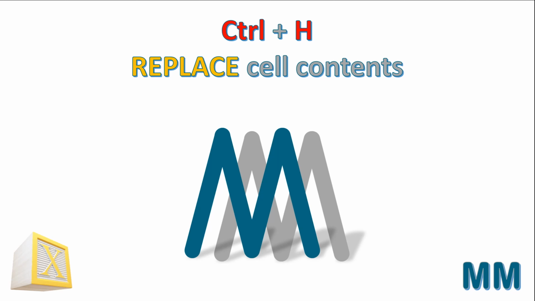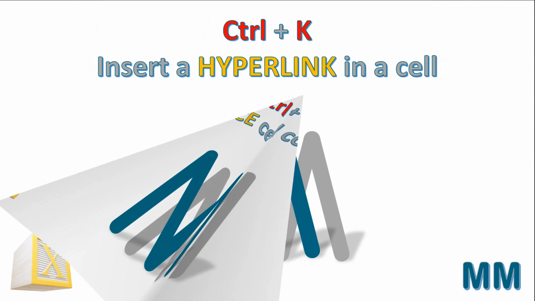The pop-up window is called Find and Replace, and the Control F will go directly to the Find tab from the same pop-up window, and the Control H will go directly to the Replace tab within the same window. And again, for replacing, you can choose if you want to replace at the sheet level, the workbook level. You can replace them one by one, all together, all at once.